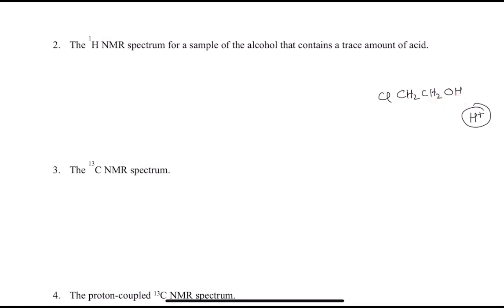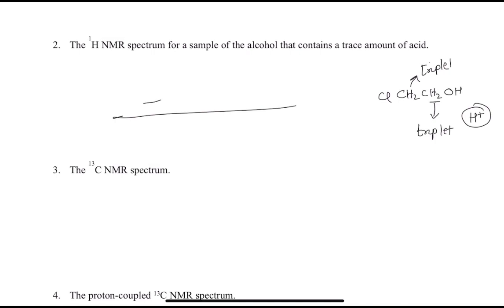Therefore, these hydrogens are going to have only 2 neighboring protons, which is going to make them split as a triplet. And in the same way, these hydrogens are going to experience the effect of only these 2 hydrogens, and therefore they should also be split as a triplet.